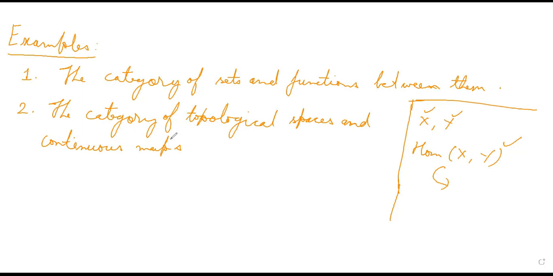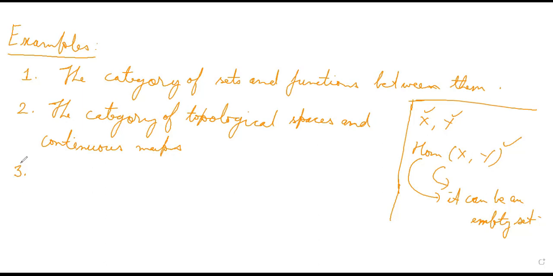So this also is a category. So in this, the class of objects will be all topological spaces, and given any two topological spaces x and y, hom xy will be the set of all continuous functions from x to y.